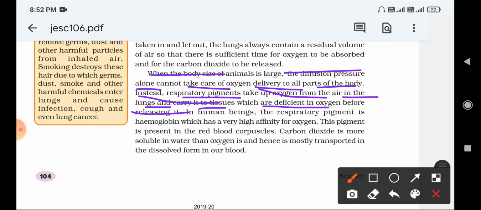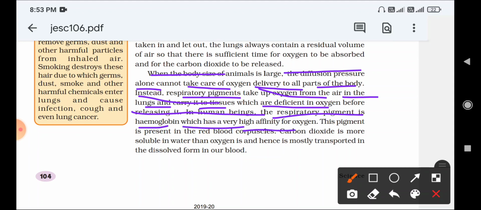For example, human beings are also multicellular organisms, so we do not use the diffusion process. We have a pigment that performs this function. That pigment is called hemoglobin. In human beings the respiratory pigment is hemoglobin, which has a very high affinity for oxygen.